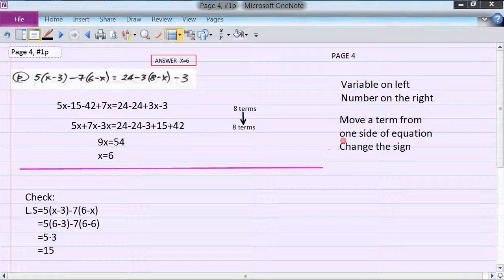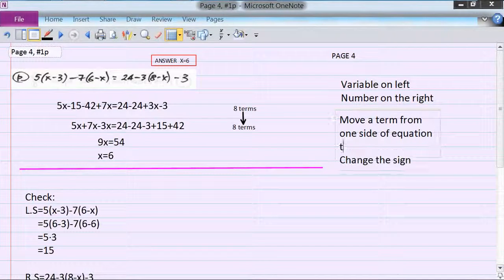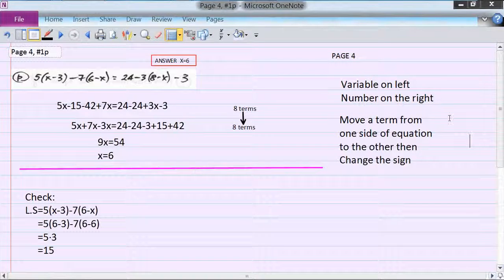We move a term from one side of the equation to the other, then change the sign. So that's what we're going to do. So we have this right over here.